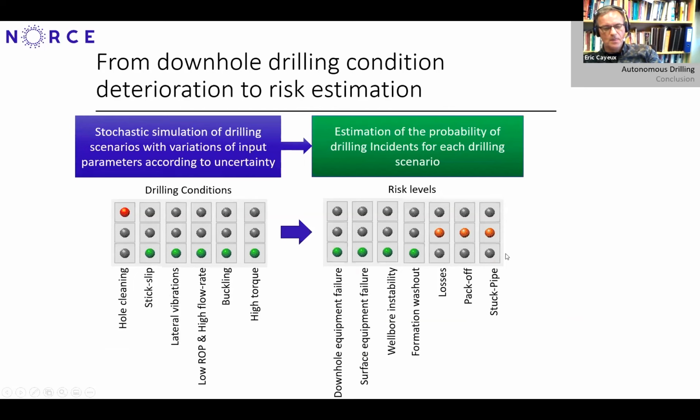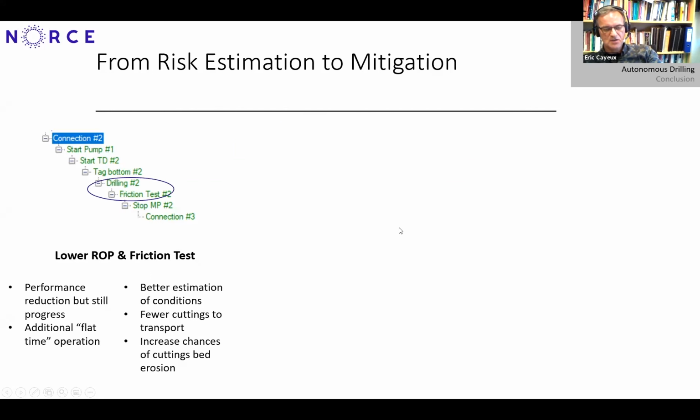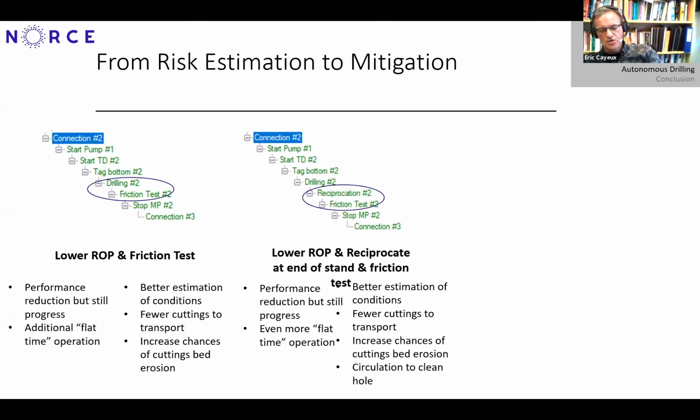And then we have automatic mechanisms to decide on the best sequence of actions to deal with this situation. Is it sufficient to lower the ROP because we have detected poor cuttings transport, and to perform a friction test to get additional information about the downhole conditions? Or do we need to do a reciprocation to clean the hole even better?